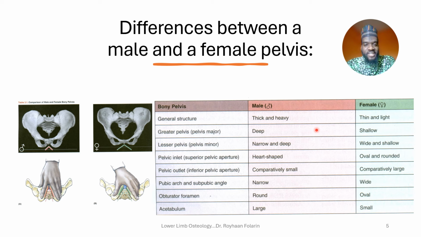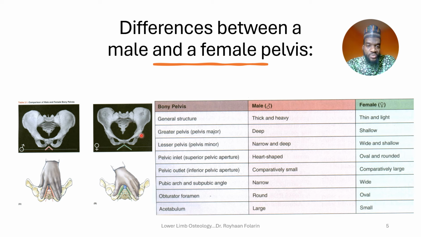Also, when you look at the greater pelvis, which is this expanse here, largely formed by the pelvic wing, or the ala of the pelvis, formed by the iliac bone, in females it's usually shallow, while in males it's usually deep.